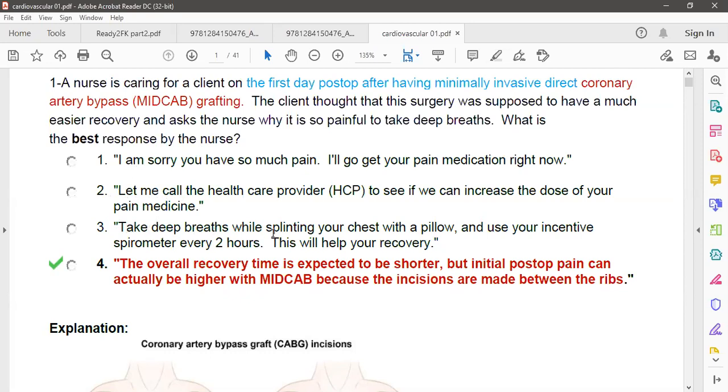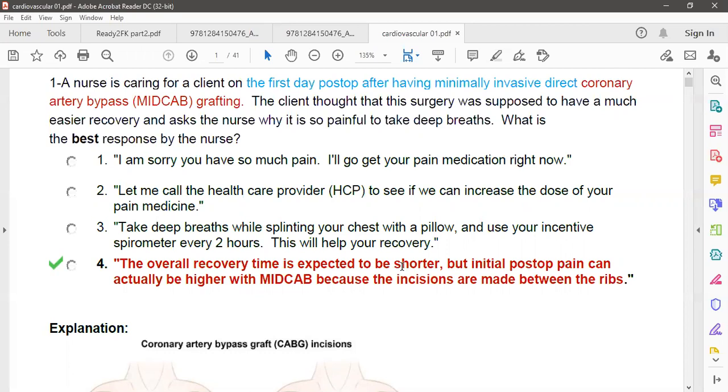Take a deep breath while splinting your chest with a pillow and use your incentive spirometer every 2 hours. Why? This question is not related to the spirometer, so it is unnecessary. The overall recovery time is expected to be shorter, because as our clinical skill grows we anticipate how long a case takes to recover.